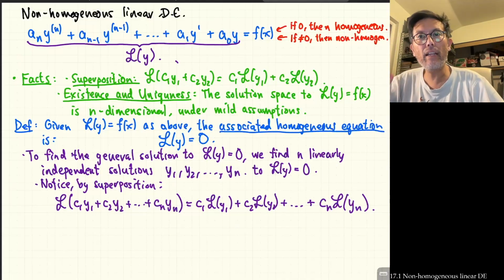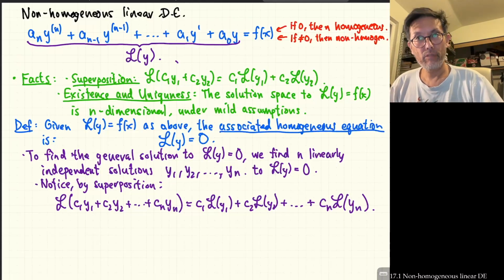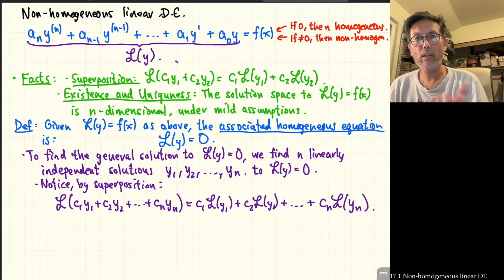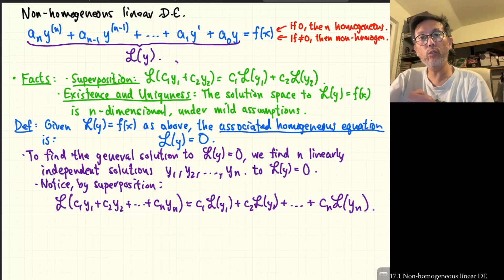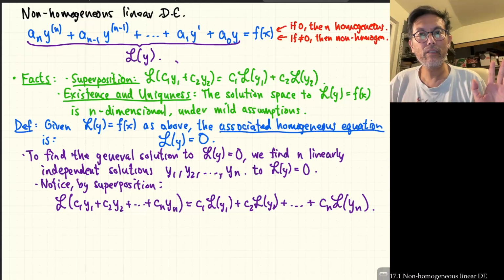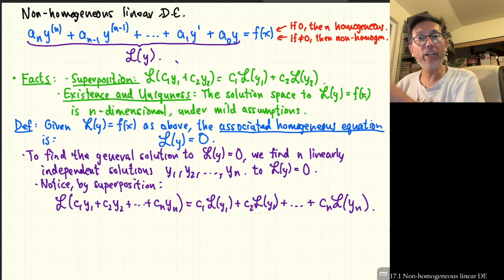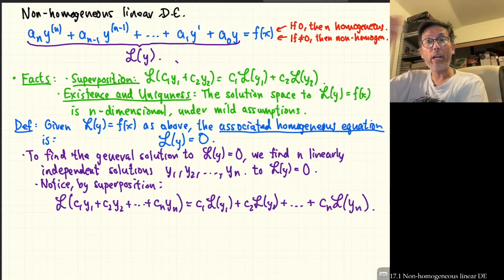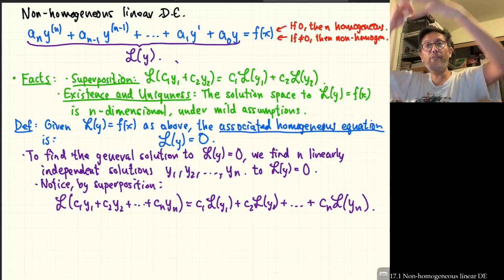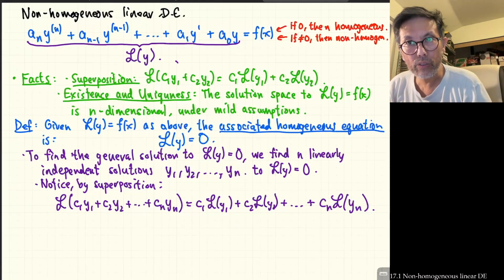What I'm saying is that for an order n linear differential equation, the solution space is n-dimensional, meaning that I can find n different solutions which point in n different directions in some sense. And if they all point in different directions, then when I take the general superposition of those, I'm going to fill out an n-dimensional space of solutions.